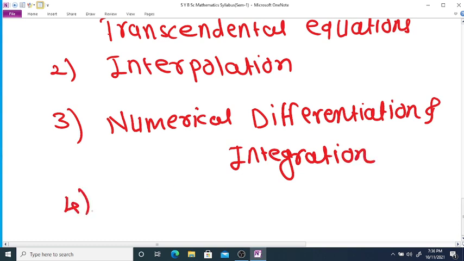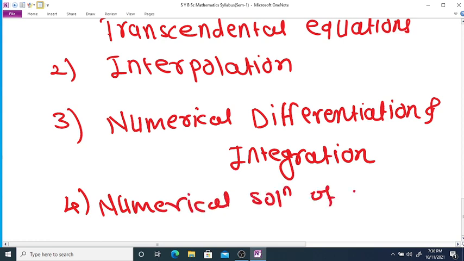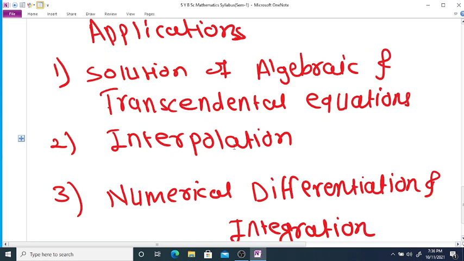Then number 4, numerical solution of first order ordinary differential equation. So these are the total 4 units we are going to see here.